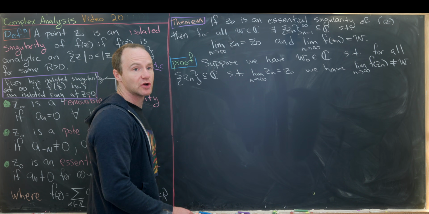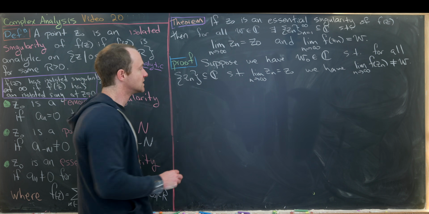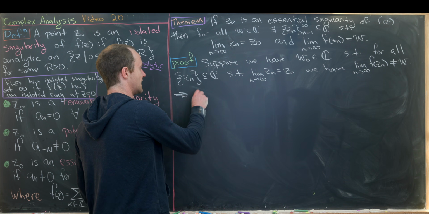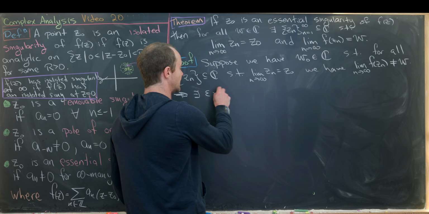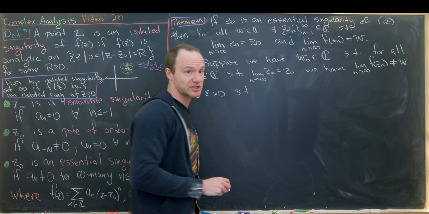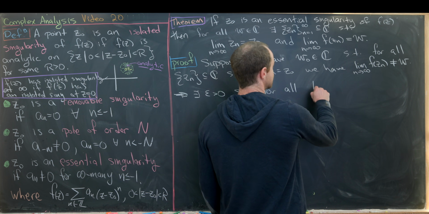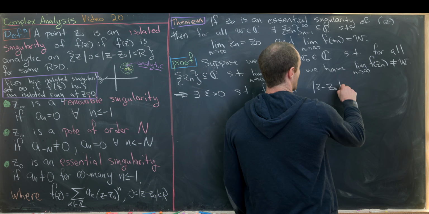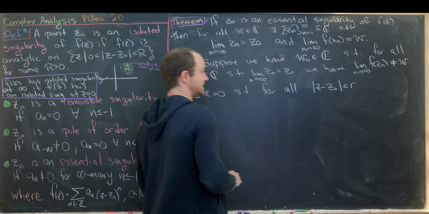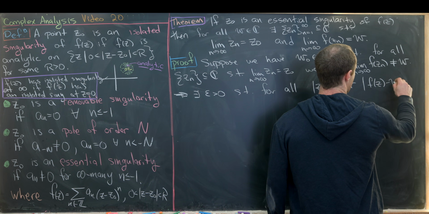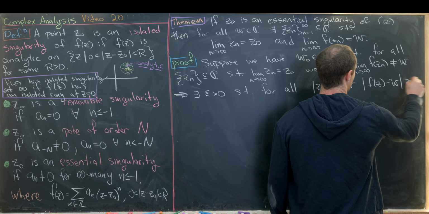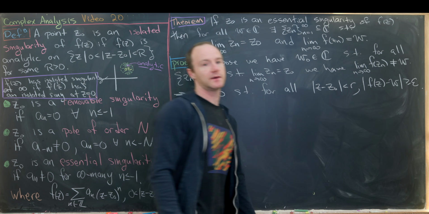Okay, so what does that tell us? So all of this tells us that there exists some epsilon which is bigger than 0 such that for all z that are within r of z0, we have the distance between f of z and w is bigger than or equal to epsilon.